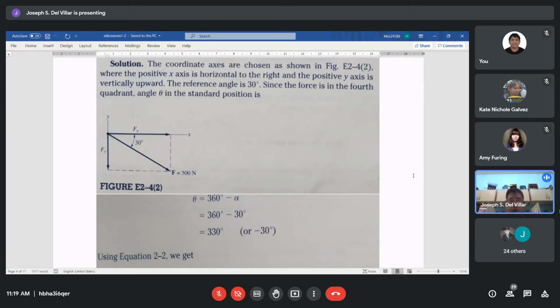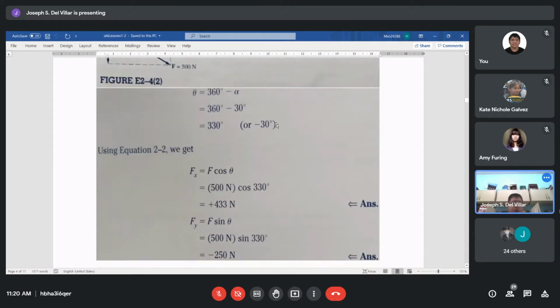So that is why it is negative 30 degrees. The negative just denotes that the angle of the force is clockwise from the x. In trigonometry, the clockwise direction is negative, and counterclockwise is always a positive angle direction.